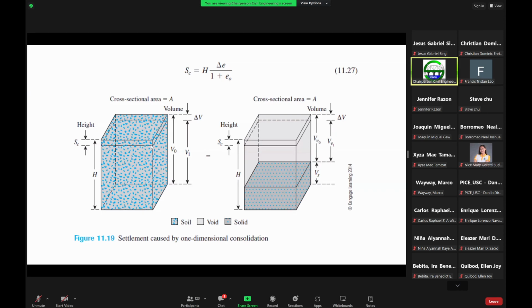This is now the new elevation or the new height of your soil element. Between these two heights, caused by the primary settlement, you can also have your change in the volume, from the initial volume to the final volume V sub 1.